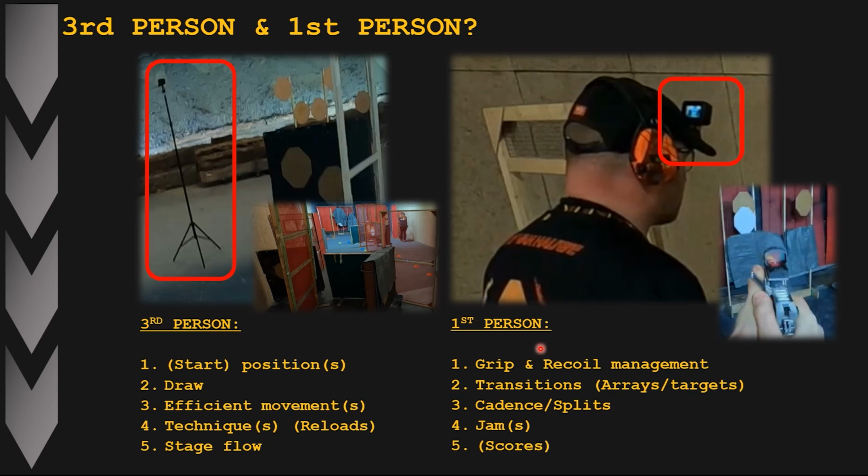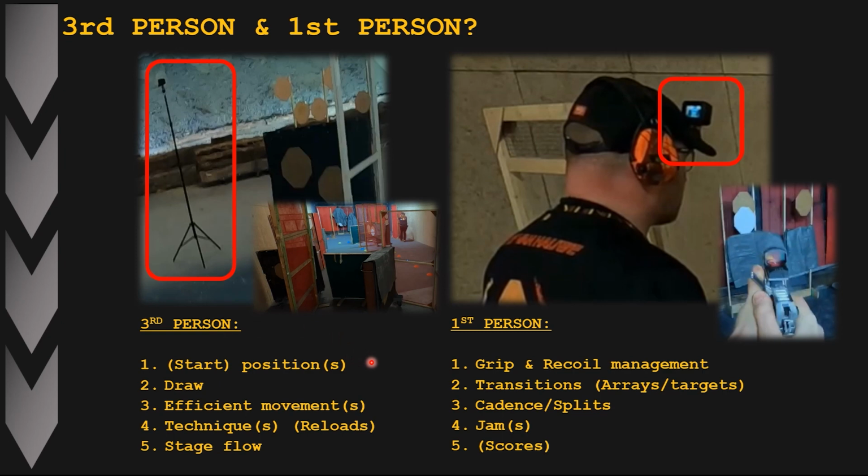Some people might say, well, I only use first person footage, which is perfectly fine, but I do think that you exclude yourself from a whole bunch of very interesting other parameters that can help you improve your performance.